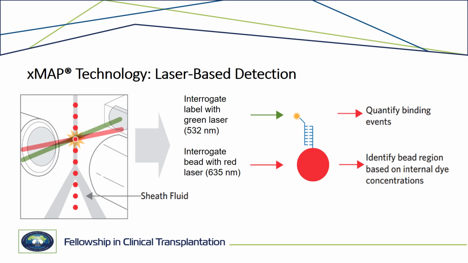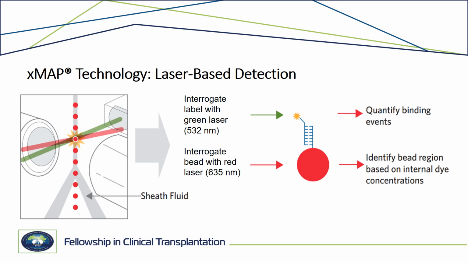The red laser hits the beads, and based on the color of the beads, it can identify the DNA sequence attached to them, because when the beads are manufactured, the software is set to recognize that each specific color represents a specific part of the DNA.